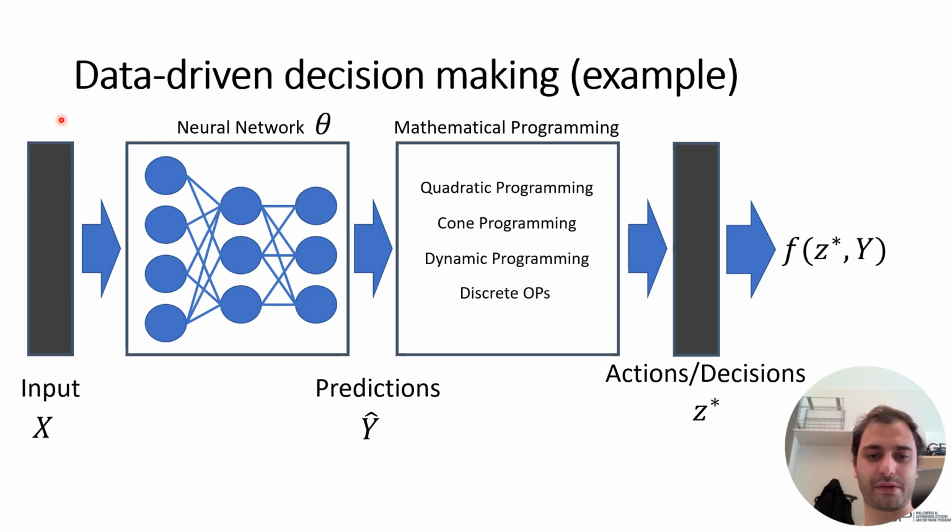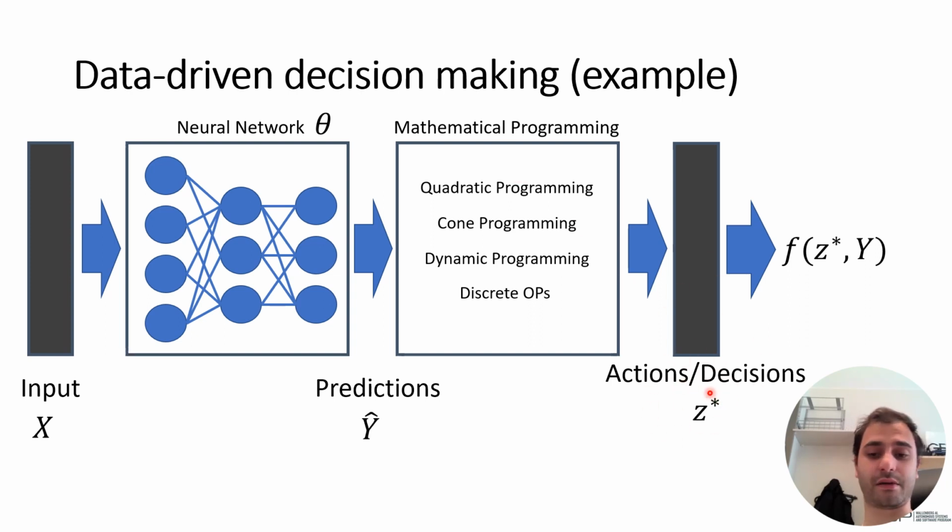As an example, you can see a data-driven decision-making example. We have some contextual features here as x. These contextual features enter into traditional neural networks with all differentiable layers, and this neural network outputs a prediction, y hat. This y hat is used in some type of mathematical programming that solves the optimization problem to output a decision.